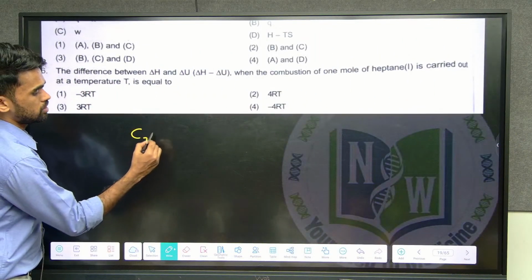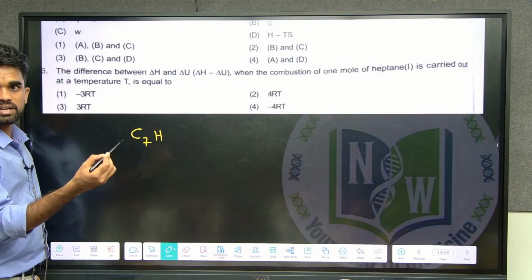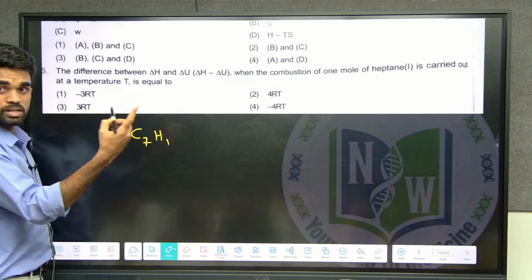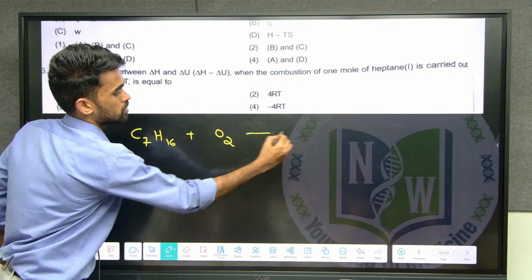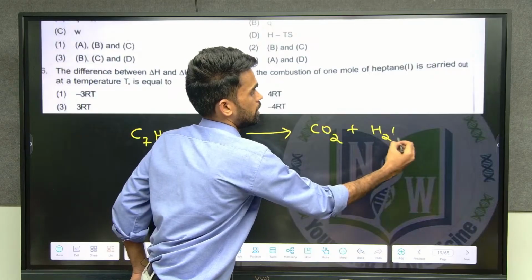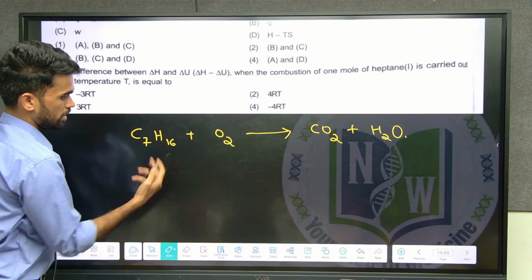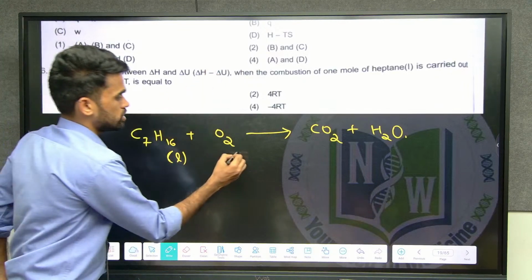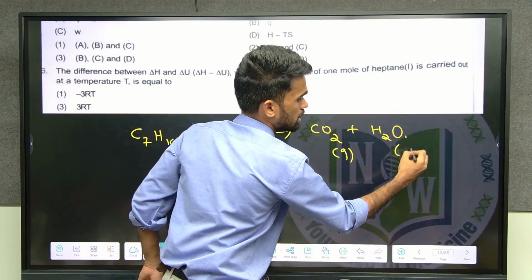CnH2n plus 2: C7, H14 plus 2, H16, with O2, giving CO2 plus H2O. Liquid they have mentioned, so this is gas, this is gas, and water is liquid.